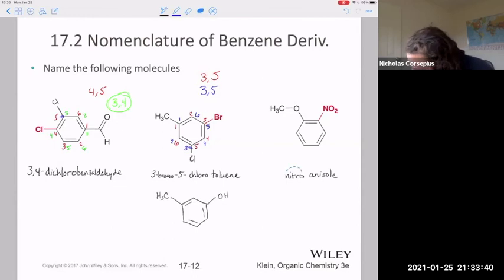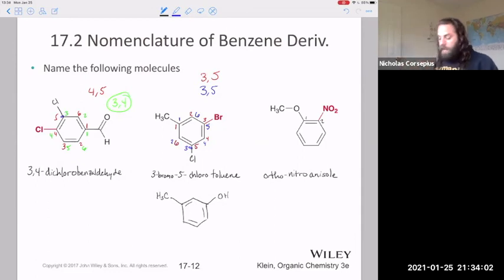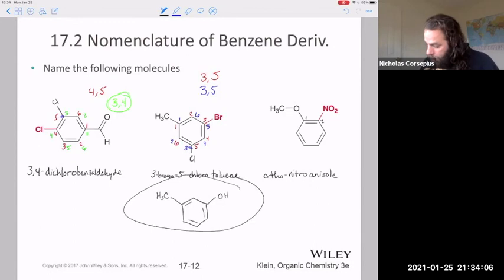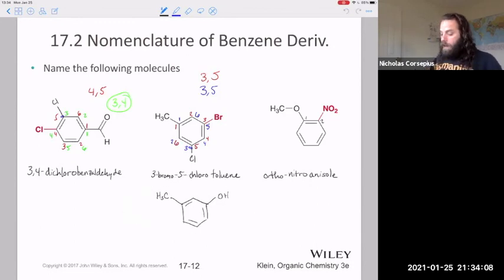And then because this is a di-substituted benzene, instead of using the numbering scheme, which would just be 1, 2, I'm going to instead use that special ortho-meta-para. Which one would it be, ortho, meta, or para? In this case, right? O is our first one in OMP, which is when they're right next to each other. So ortho-nitroanisole.